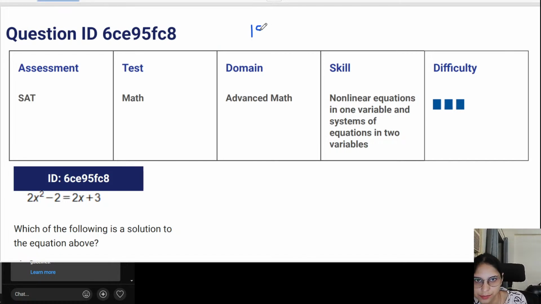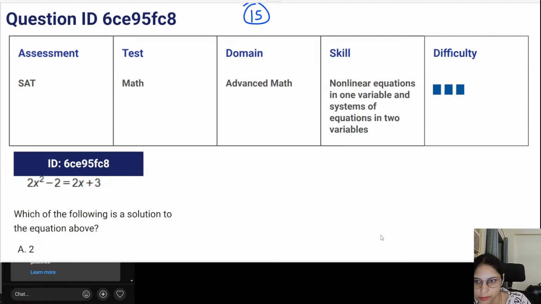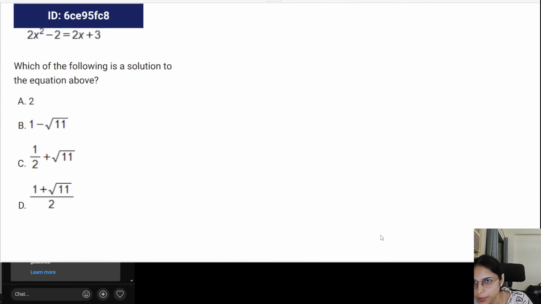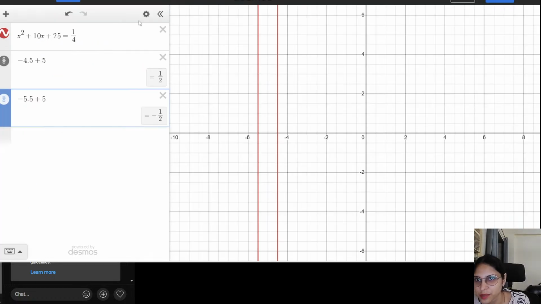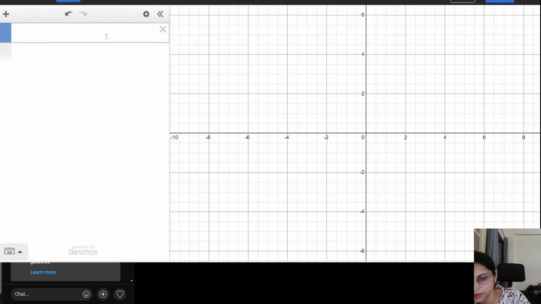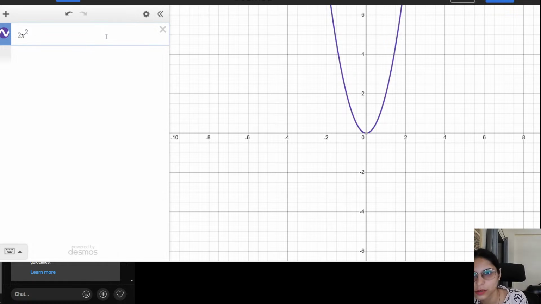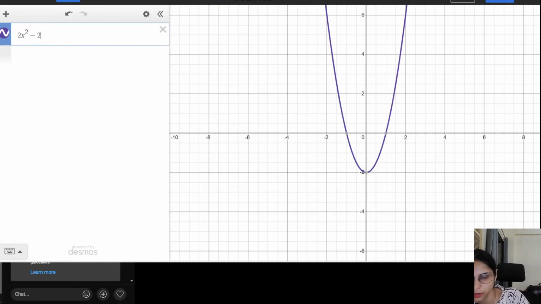Question number 15th. So 2x squared minus 2 equals 2x plus 3. Which of the following is a solution? Right now you can see there are like lots of discriminants. Okay. So yeah, you can put it in here. Or you can use quadratic formula as well.